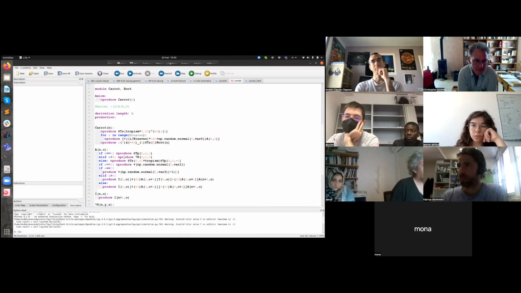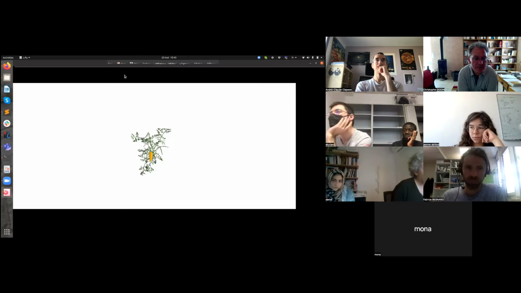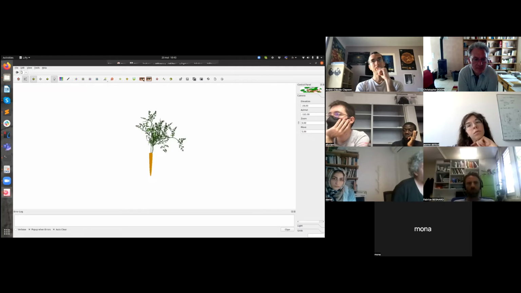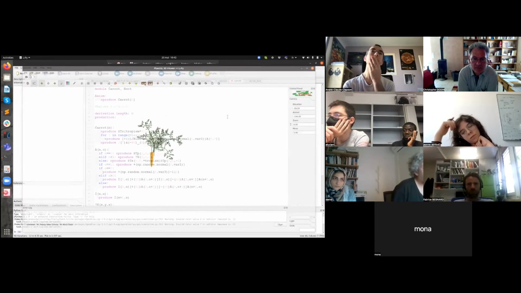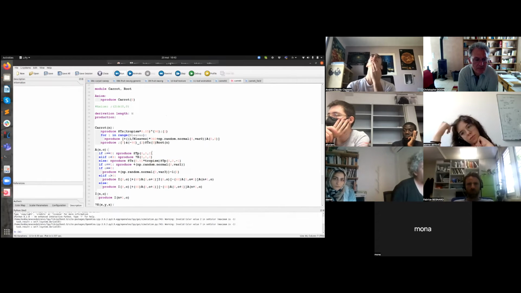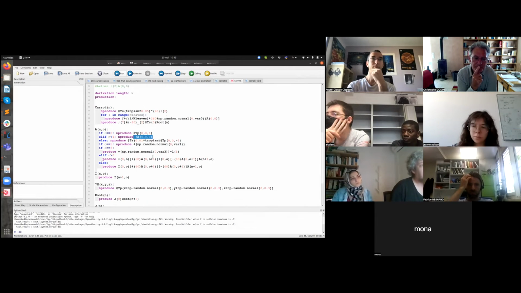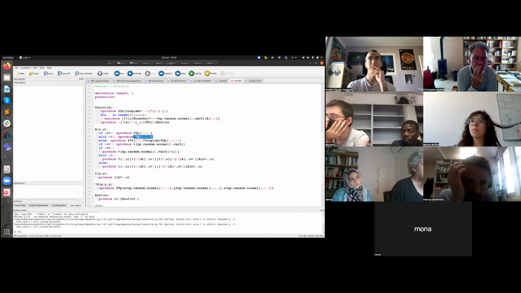Then, depending on the derivation step, we change the orientation of the tropism so that we get this kind of wavy shape for the bending of the leaves. At first, the direction of tropism is upward. Then there is this, which is quite convenient and which I had a hard time to find, and it's Christophe who hinted to me that it could be done this way.